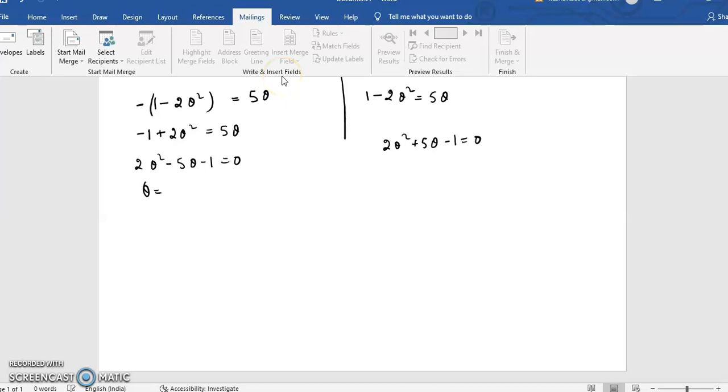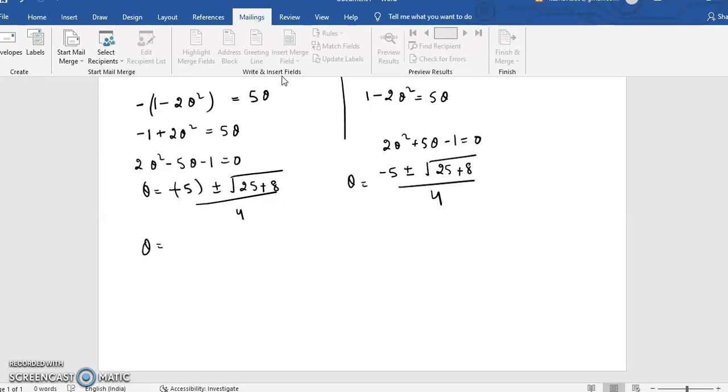So theta will become minus b plus minus root of b squared minus 4ac, that is 25 minus 4ac, that is 24, upon 2a, that is 4. So theta will become minus 5 plus minus root 33 over 4, that is, minus 5 plus root 33 over 4 and minus 5 minus root 33 over 4.